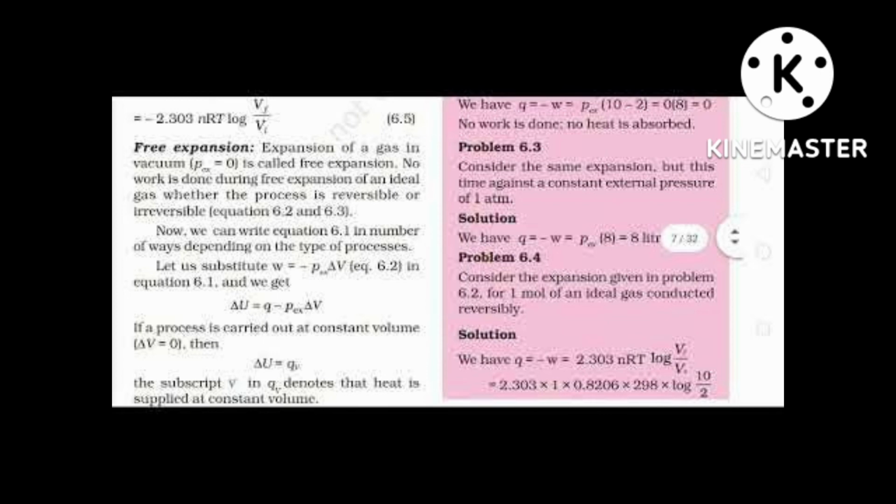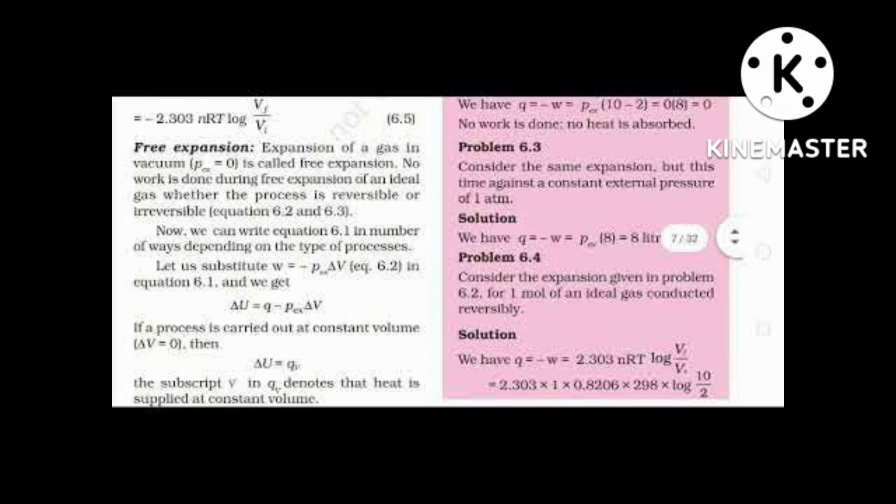But in the other 2 questions they have not told anything about reversibility. If they do not say whether the process is reversible or irreversible, then you can apply the simple formula: work done is equal to minus P into delta V.